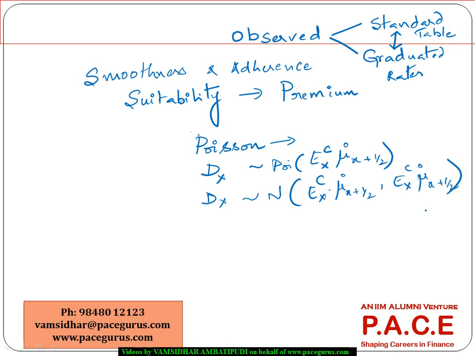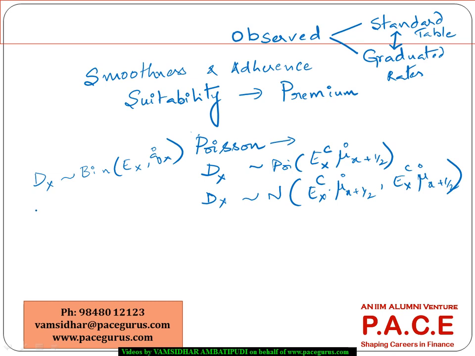So if I am using a Poisson model, I am trying to express the force of mortality at age x plus half. But if I am going with a binomial model, again the same, I am assuming that dx will follow a binomial distribution with the initial exposed to risk ex and the graduated qx.